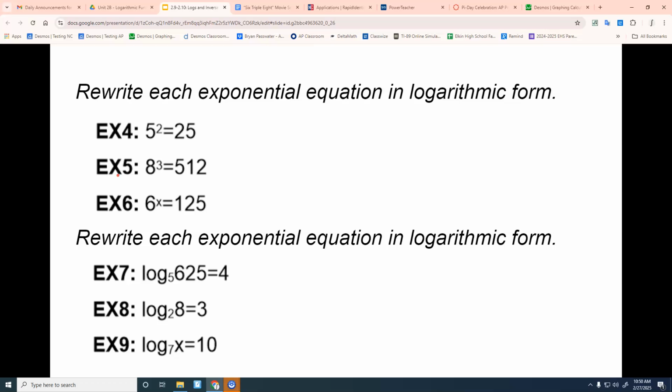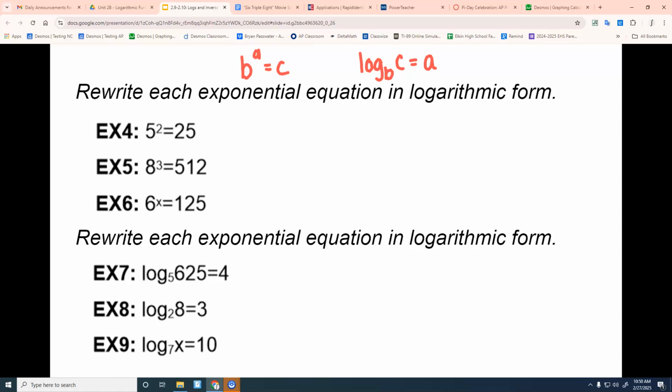I will show you both ways of thinking about this to rewrite exponential and log equations. So you know that b to the a equals c can be written as log base b of c equals a. That's that formula we had on the other one.